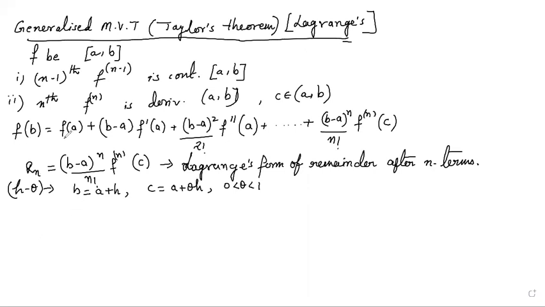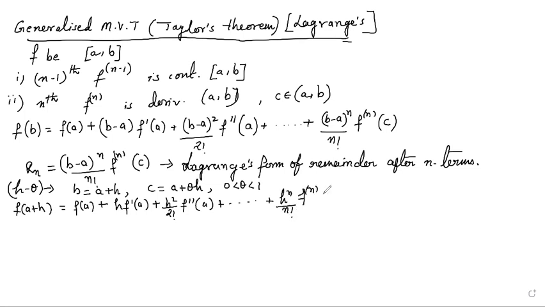So here, how will the expansion go? f(b) means f(a plus h) equals f(a) plus (b minus a) means h, so h f'(a) plus h square by 2 factorial f''(a), going on like this. The (n plus 1)th term will be h to the power of n by n factorial f^(n)(c), and c is a plus theta h. So this is the h theta form.